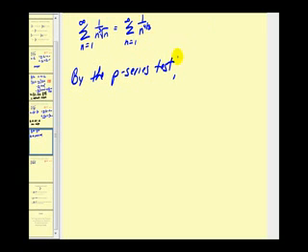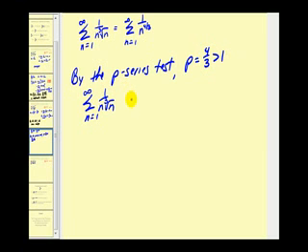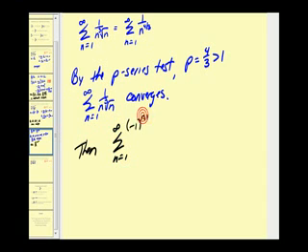By the P-series test, with P equal to 4/3, which is greater than 1, this series converges. So since the original alternating series converged, and the absolute value of the alternating series also converges, we can state that the original alternating series is not only convergent, but it's absolutely convergent.